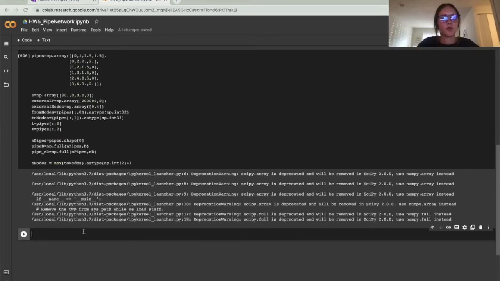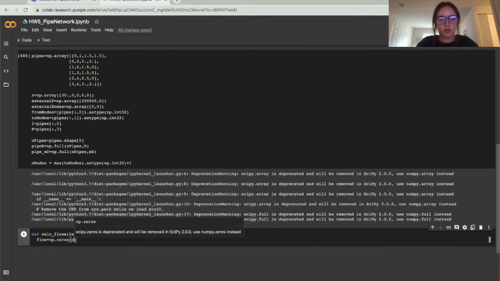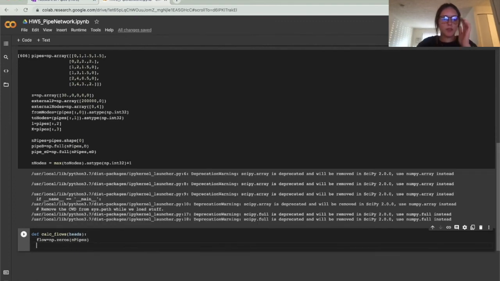Okay, so now we can start calculating some things. So what we want to do is define a function called calcflows, and so this is going to take in heads, and what we want this to do is, well, first we want to set our initial flow to 0, and so np zeros of n pipes.